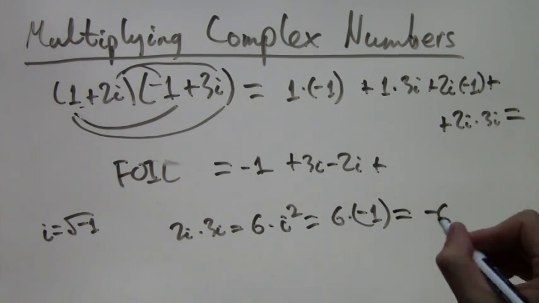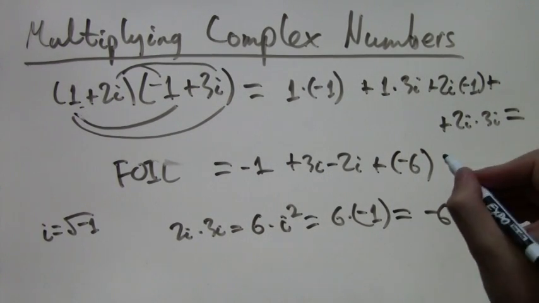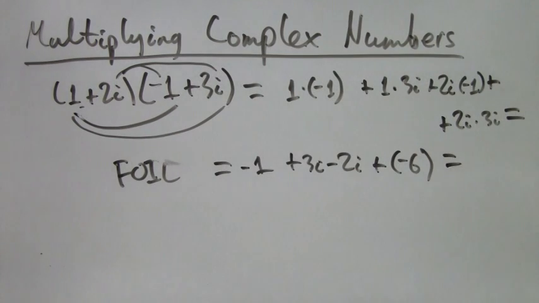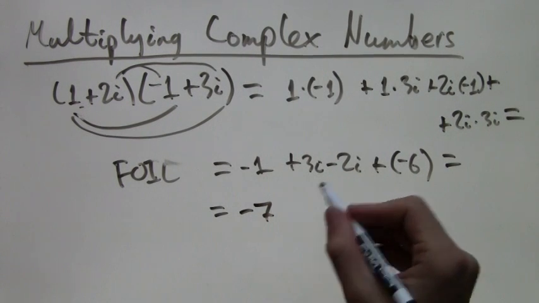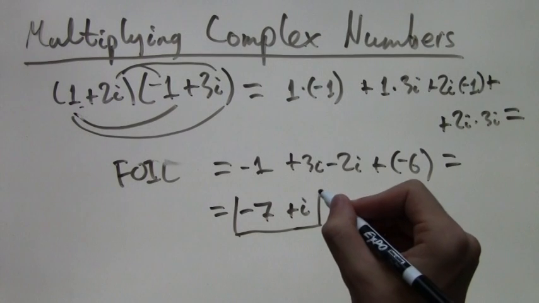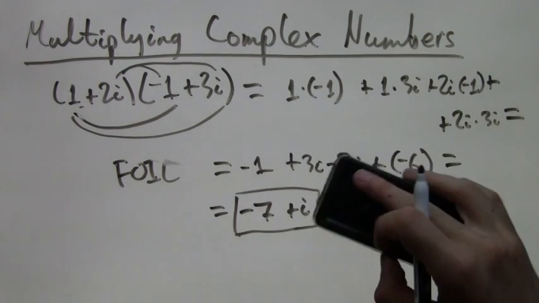So instead of 2i times 3i, we will write down -6. So now we just finish this up. We get -1 minus 6 is -7, plus 3i minus 2i is just i. So I get -7 plus i, and that's going to be the answer.